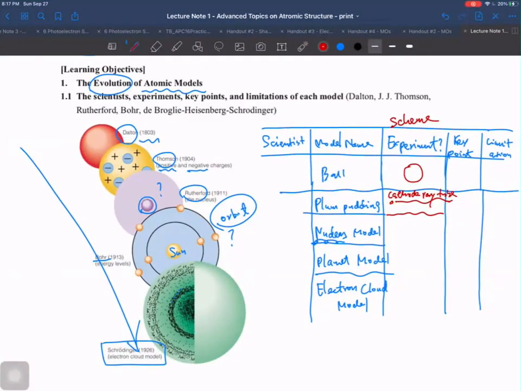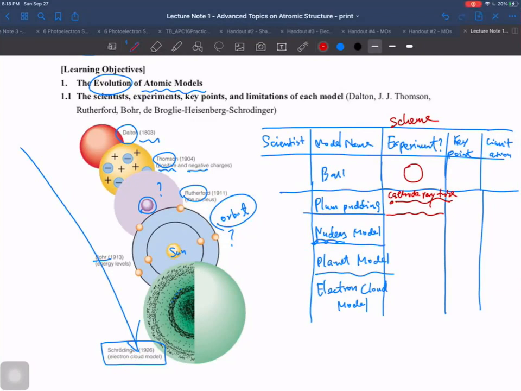For the key points, you don't have to write down a lot of sentences, just add some bullet points, right? For example, for the plum pudding model, there are electrons. This is the first one, right? The second one, electrons are negative, right? I think this is the major part we can get from J.J. Thomson's model. But obviously, Thomson did some other interpretation.